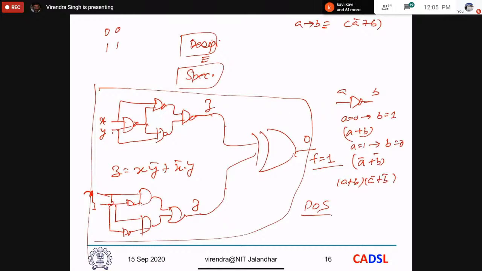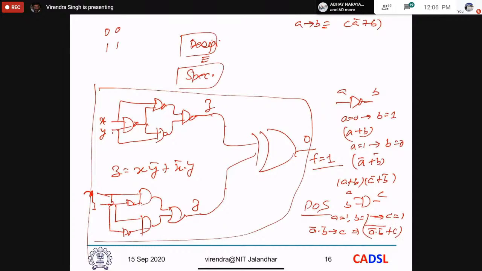Similarly, if there is an AND gate, I can write the expression for the AND gate. Input is A, B, and output is C. I know that when A equal to 1 and B equal to 1, my C will evaluate to 1. That means A and B implies C. This I can say as A bar dot B bar plus C, right?